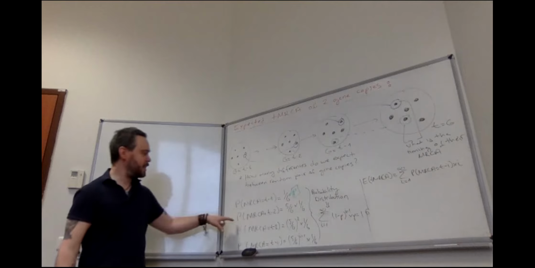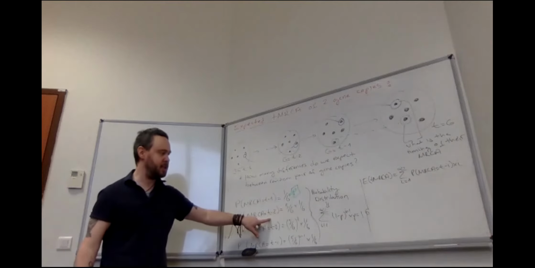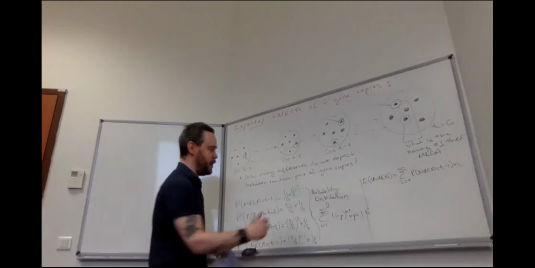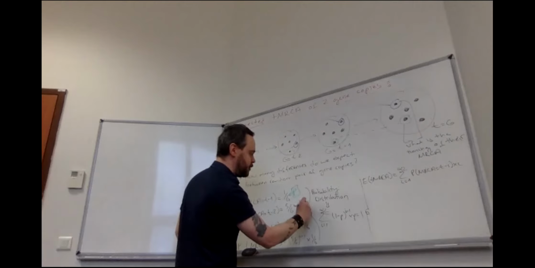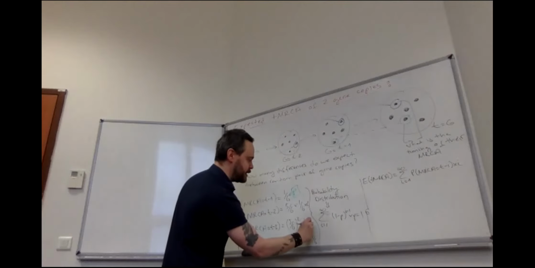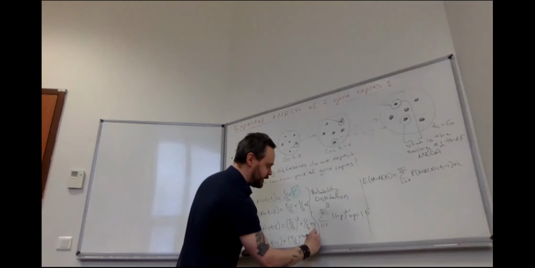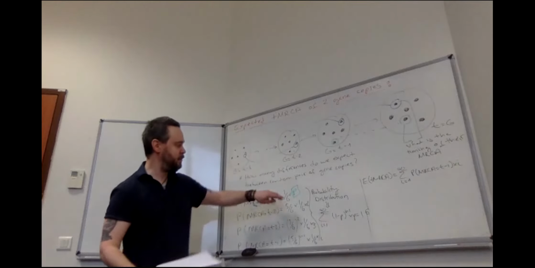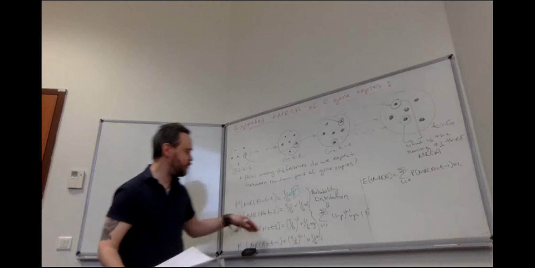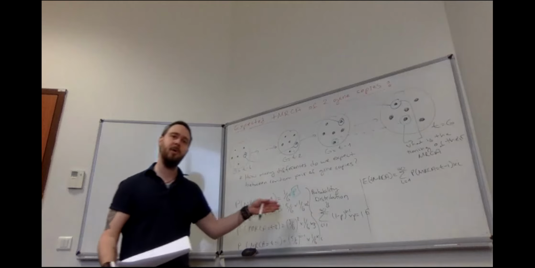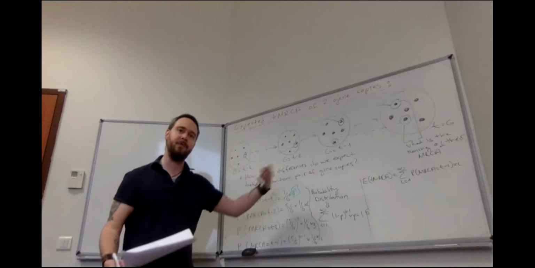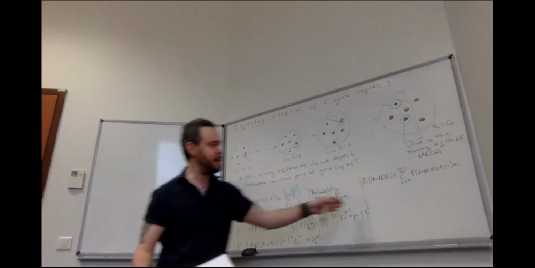But if I want to reach common ancestry at generation 2, 2 events have to happen, so I multiply this by 2. Here, 3 events must happen, so I multiply this by 3. Here, i events must happen, so I multiply this by i. So if I multiply each of these probabilities by the number of events that have to happen for that probability to come about, I can take the mean.